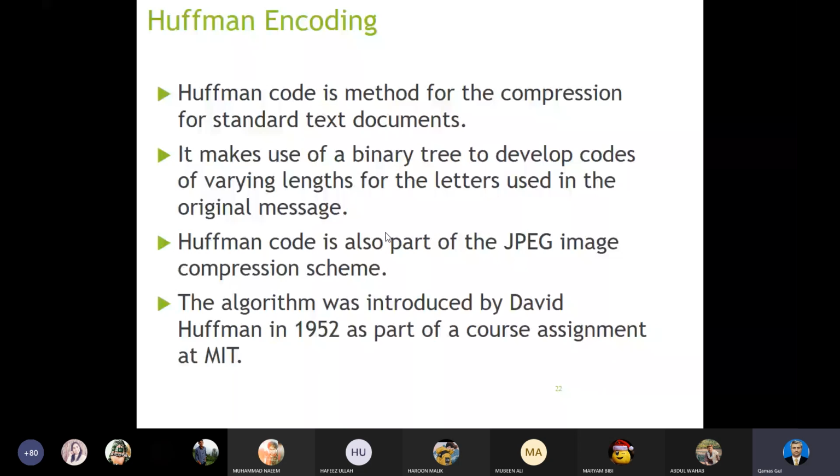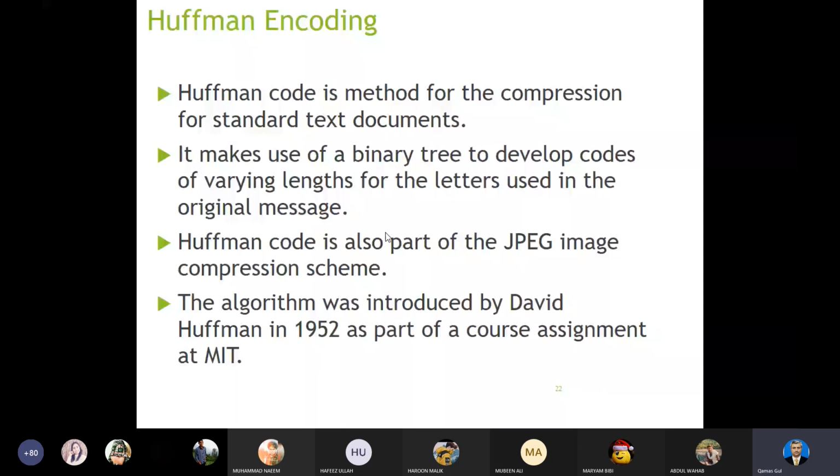So if you apply a compression technique, you can reduce the size of that file by 50%. Like you can reduce the size from 50 MB to 25 MB, 70 MB to 35 MB. And you can even reduce the size much more.